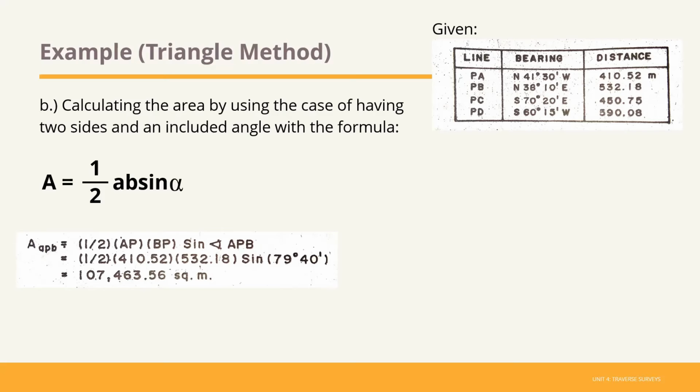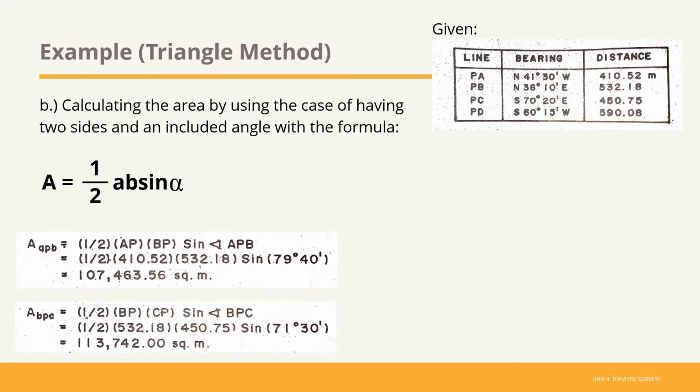We'll have 1/2 AP times BP times sine of the angle APB. So we'll input the given, and we'll get the area of the triangle APB as 107,463.56 square meters.